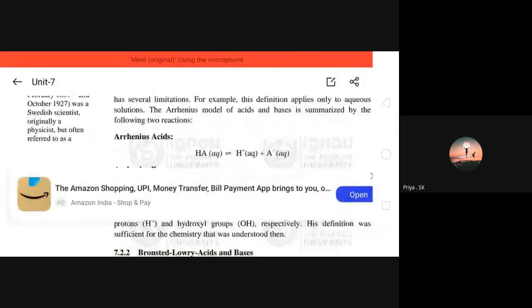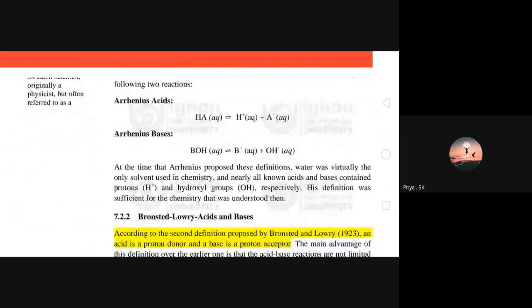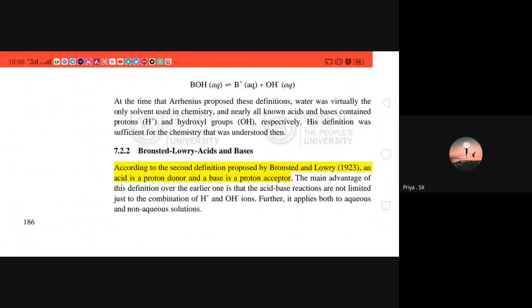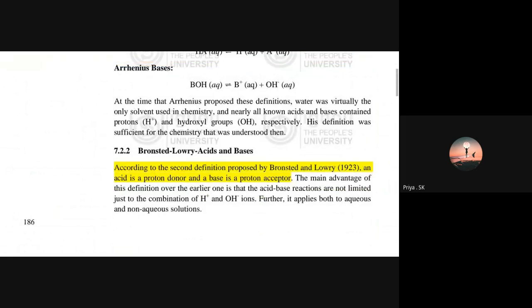Then there are different types of acids. First one was Arrhenius acids and bases. Second is Bronsted-Lowry acids and bases. According to second definition proposed by Bronsted and Lowry, an acid is a proton donor and base is a proton acceptor.